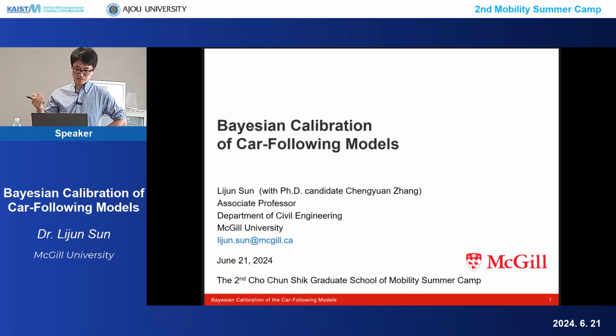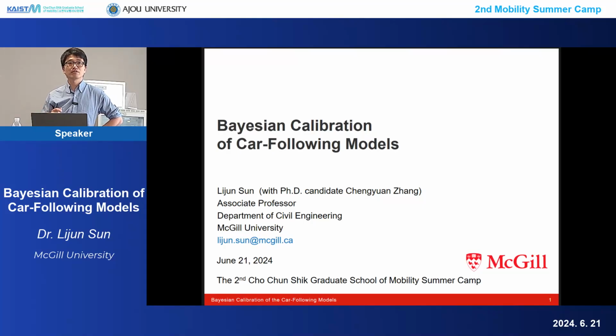For example, the first generation was the General Motors model, and later we have the Gipps model, the Forbes model, and the Newell simplified model. There are so many models that already exist. But a car-following model is essentially a deterministic model: a deterministic equation describing how people control the cars in terms of speed or acceleration.